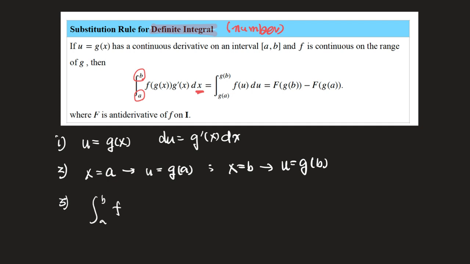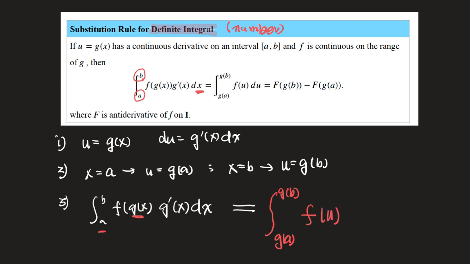The integral from a to b of f of g of x times g prime x dx becomes the integral from g of a to g of b of f of u du, where g of x is u and g prime x dx is du. That's how you find the definite integral by using the substitution method, guys.